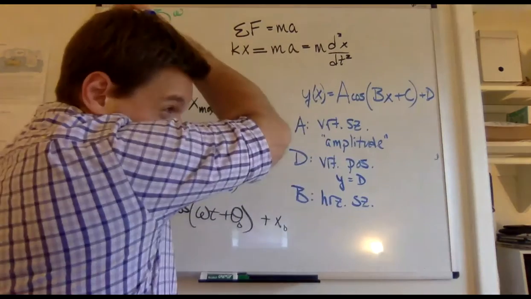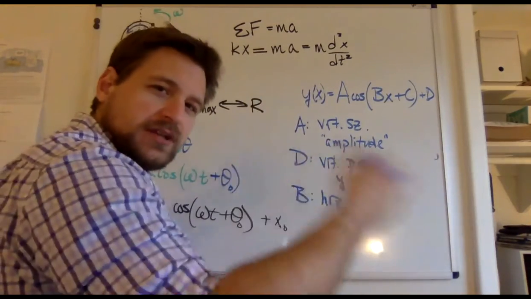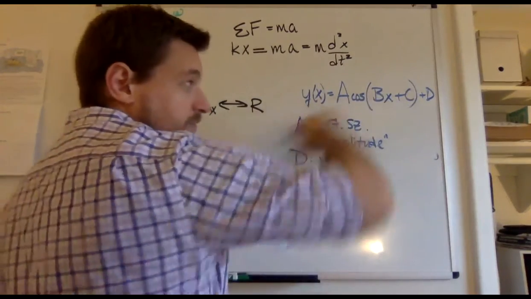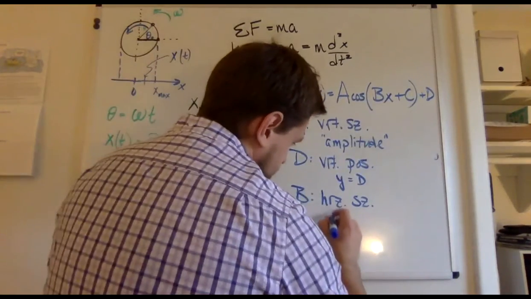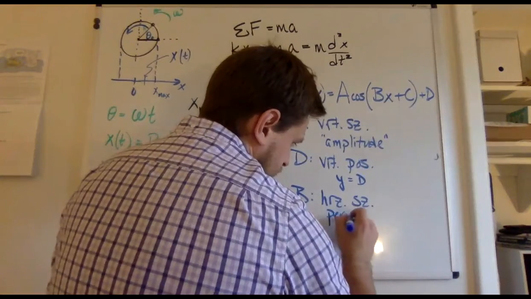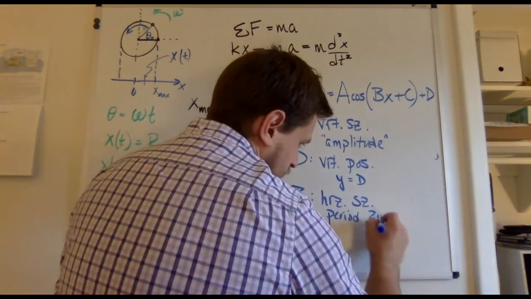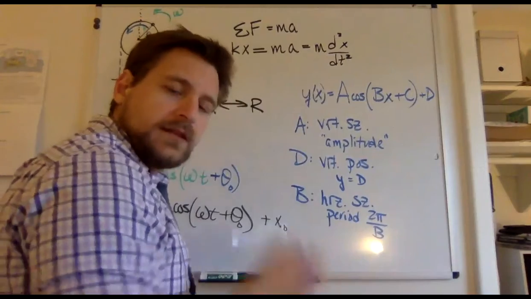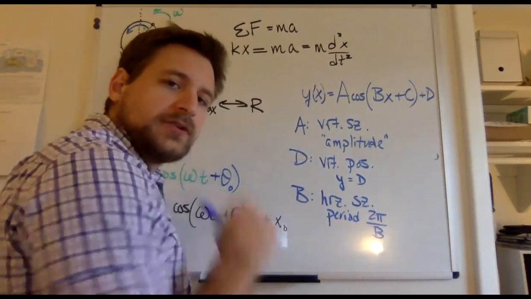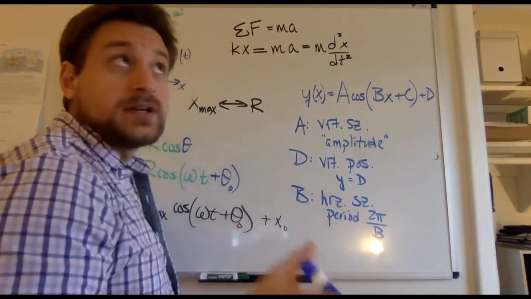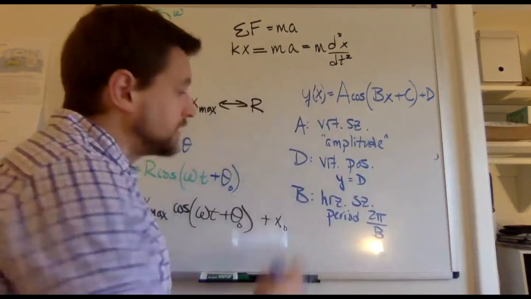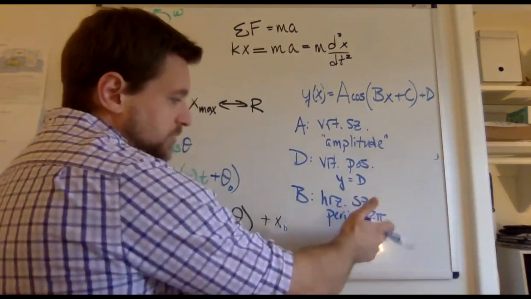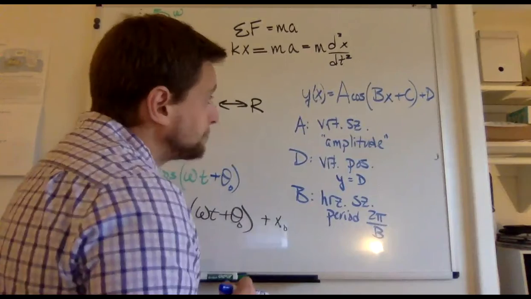So, do you remember how to find the period of a trig function from its formula? It's 2 pi over this parameter, 2 pi over b, unless you're talking about tangent or cotangent, then it's just pi. But if it's sine or cosine or secant or cosecant, 2 pi over b.